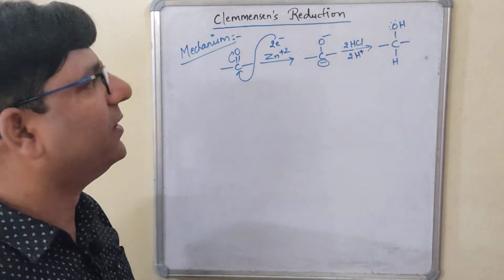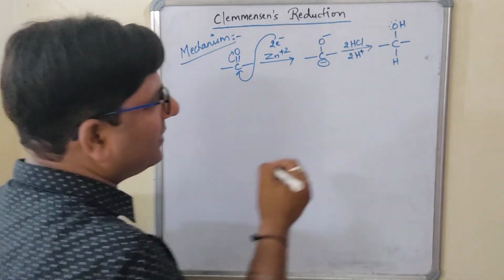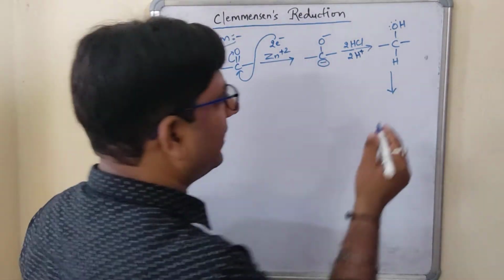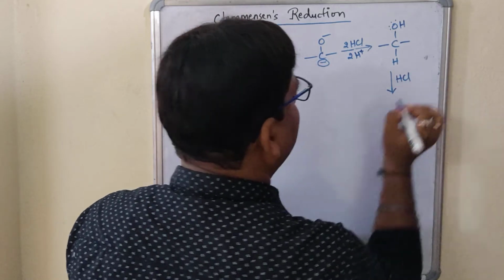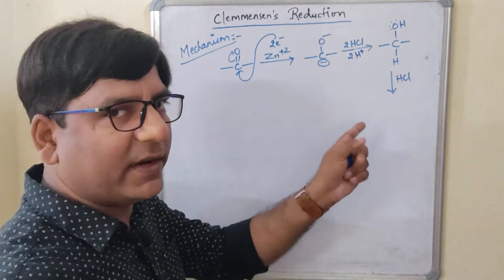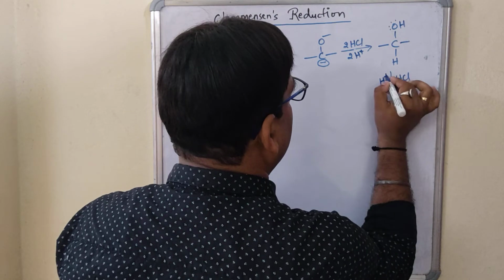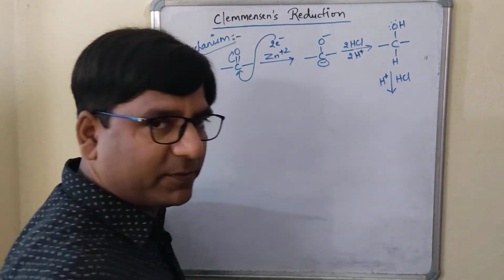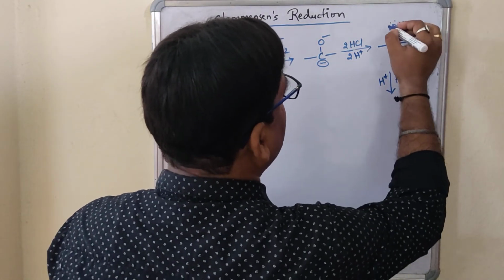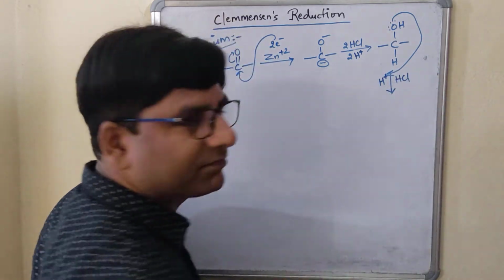Oxygen is having a lone pair of electrons, right? Understood till here, right? Now in the next step, what will happen? It will again react with a molecule of HCl. Okay, now this time we are not using 2 moles, only one HCl, right? Now the role of HCl, here you can write H plus, because it is going to give H plus, meaning protonation will take place. Now what will happen? This lone pair of electrons will be given to this H plus.